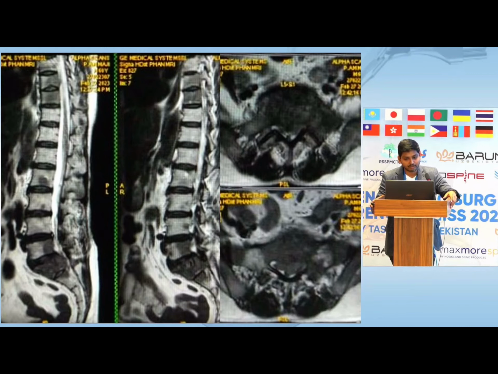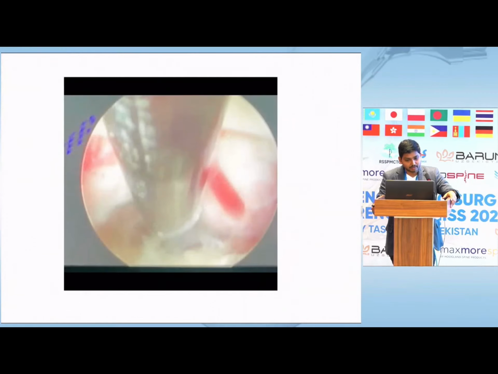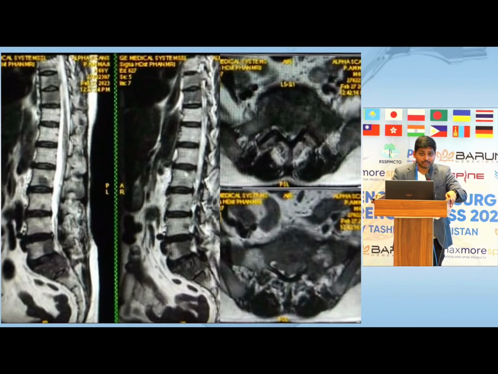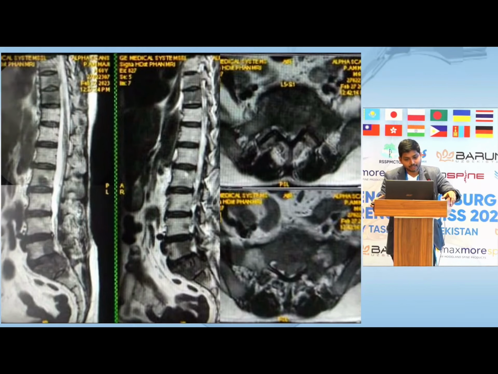She is unable to walk. So I discussed all the options, but she refused definitive procedures like iliac fusion and other things. So I offered her endoscopic decompression and biopsy.